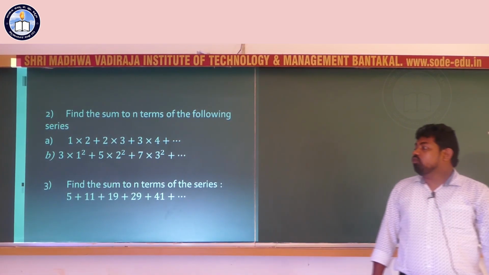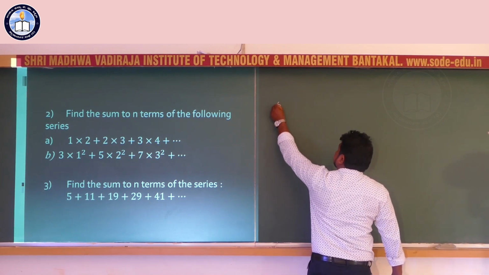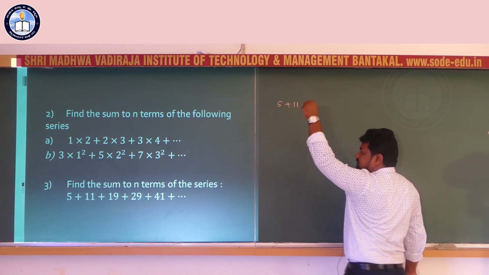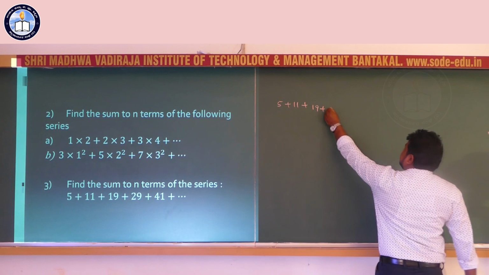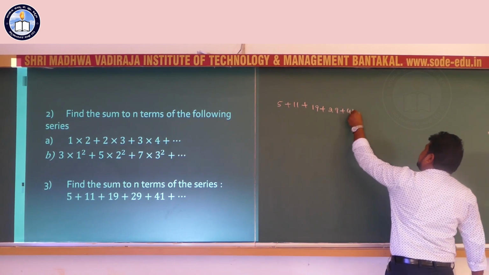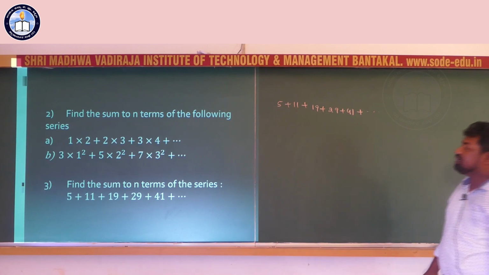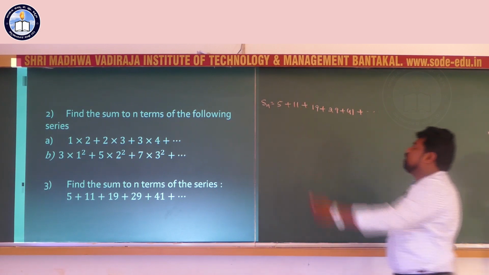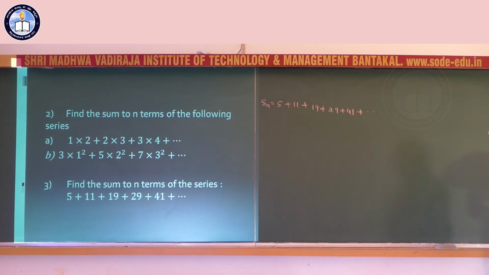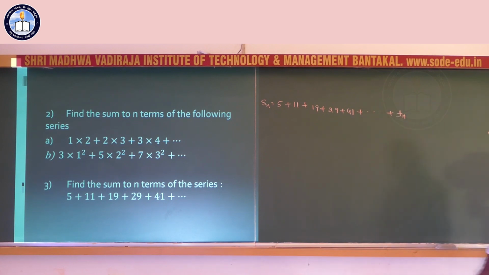Next problem, find the sum to n terms of the series 5 plus 11 plus 19 plus 29 plus 41. Here we want sum to n terms of the series, Sn equal to 5 plus 11 plus 19 plus 29 plus 41 dot dot dot up to nth term Tn.